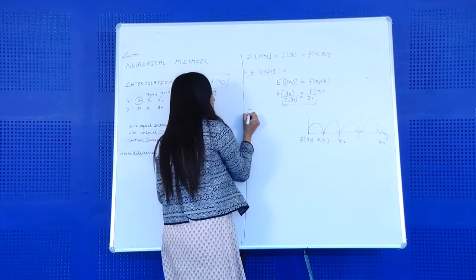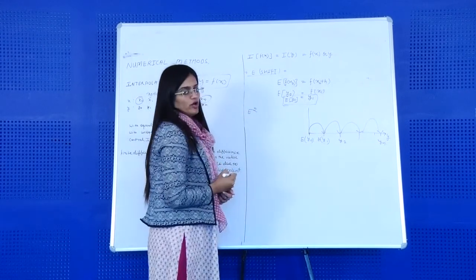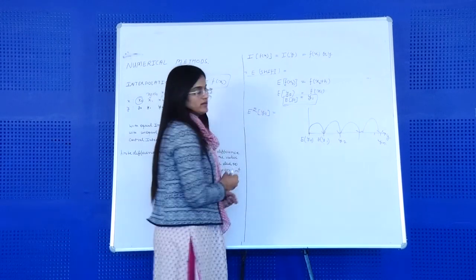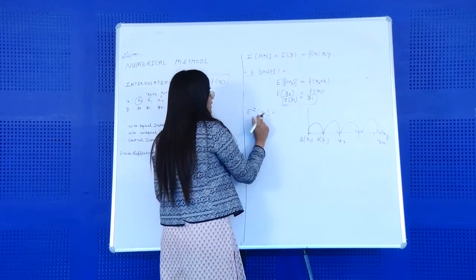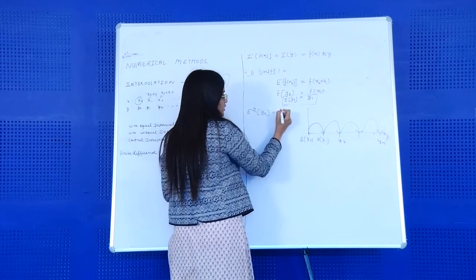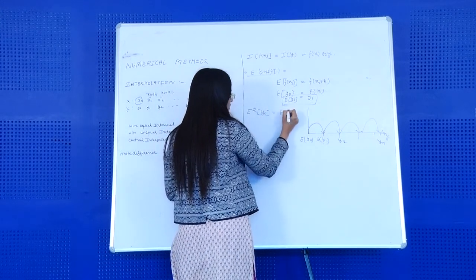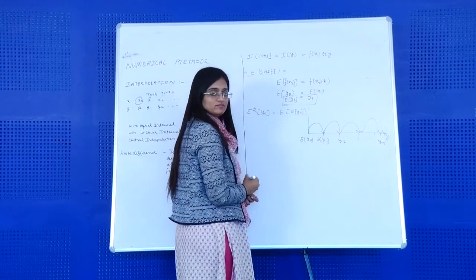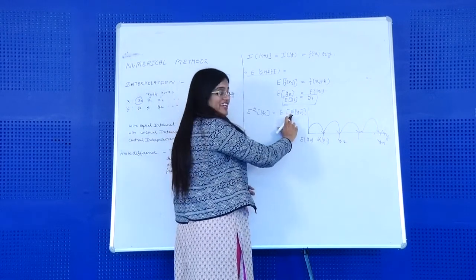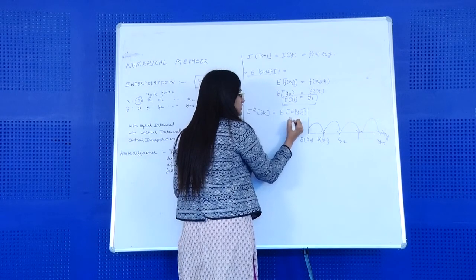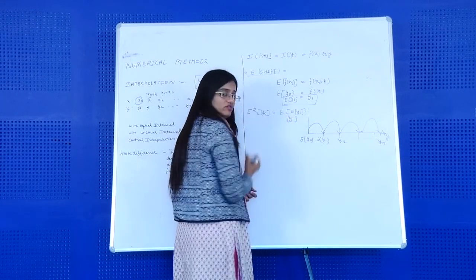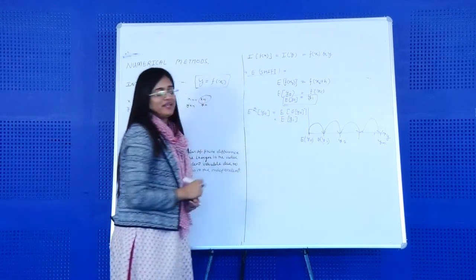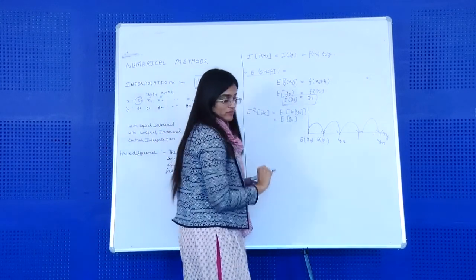If I have the E raised to power 2 of y naught, that means what? E raised to power 2 of y naught means E raised to power E of y naught. One increment gives the y1 value, y naught gives the y1 value. Then another increment at the y1 position.